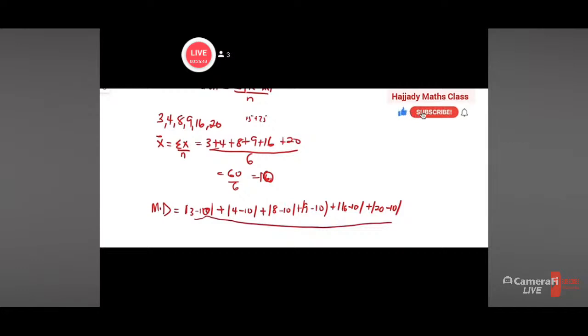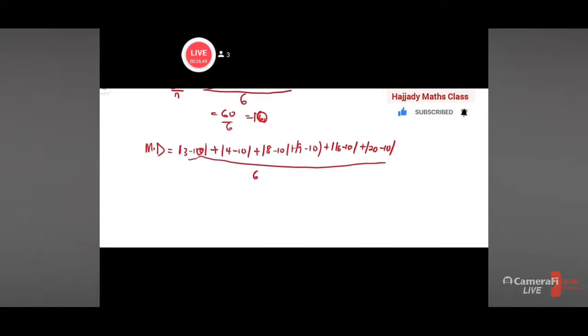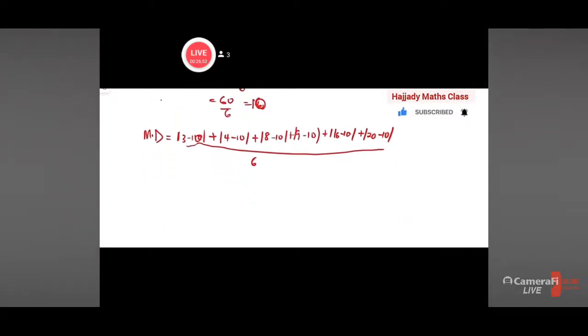How many observations do we have in total? Which is 6. So calculating this now, 3 minus 10 is negative 7. Taking the absolute value of that gives positive 7. 4 minus 10, you are going to have 6, plus 2.